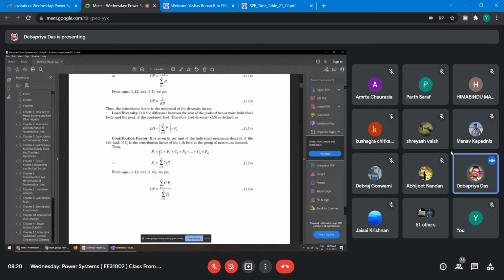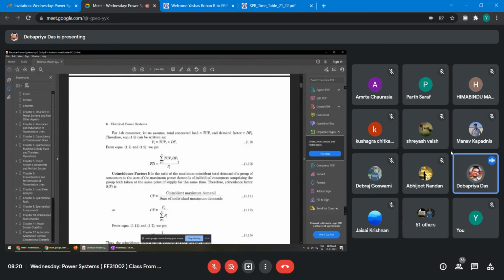Actually, what happens is that when you represent in per unit, this P1, P2, Pn will all be dimensionless quantities. For example, suppose P1 is 0.8 and P2 is 0.3, up to say two cases. And C1 is say 30% and C2 is say 40%. So you add all this, and that is Pc. So Pc can be written as the sum for i equal to 1 to n of Ci Pi.